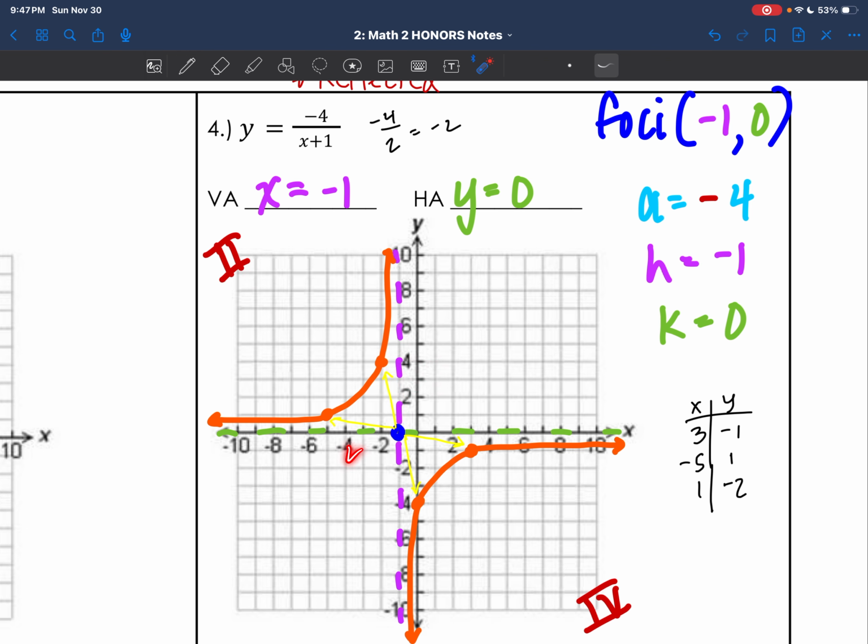So that's another way. Or you can sit there and you can make up points, but it kind of gets to be a little much. And then also, if you count 1, 2, 3, 4, that's the diagonal that goes through 4 of them. So like I said, you can either make tables to find your points, and then strategies, get a fraction or an integer there, or you can go 4 from the foci and then down 1.